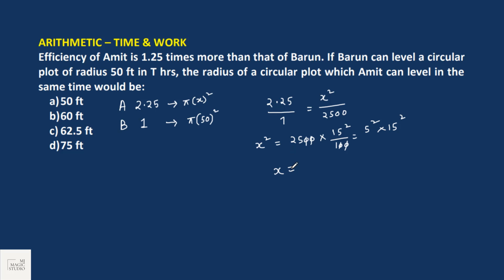So x will be the root of 5 square and 15 square. 15 into 5 would be 75. So the radius of the circular plot which Amit can level in the same time would be 75 feet, and that is in option D.